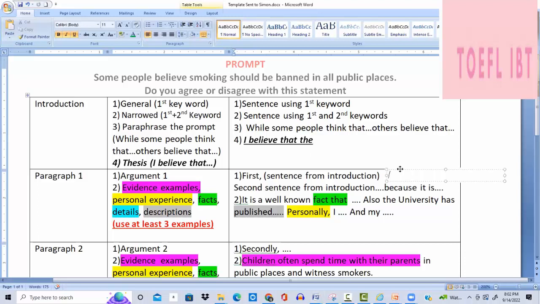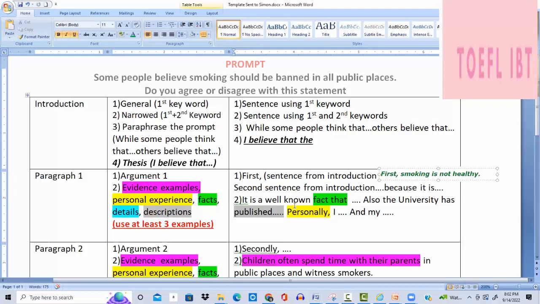What could be a sentence that would have the word smoking in it? First, smoking is not healthy. Good. Perfect. Smoking is not healthy. That's it.